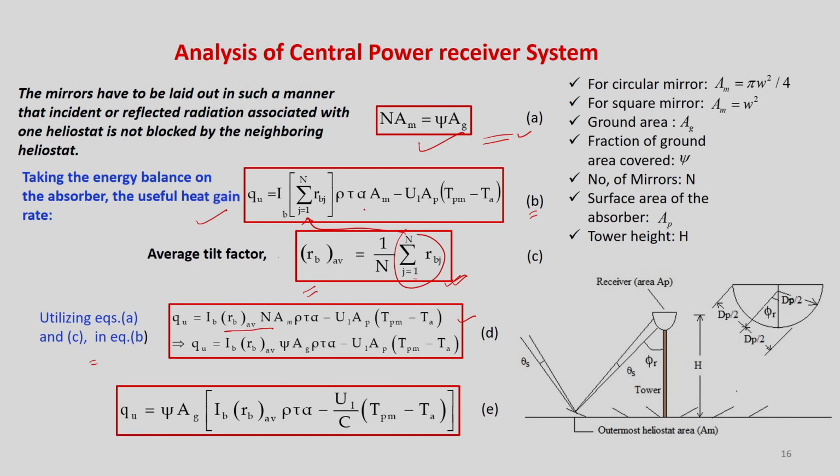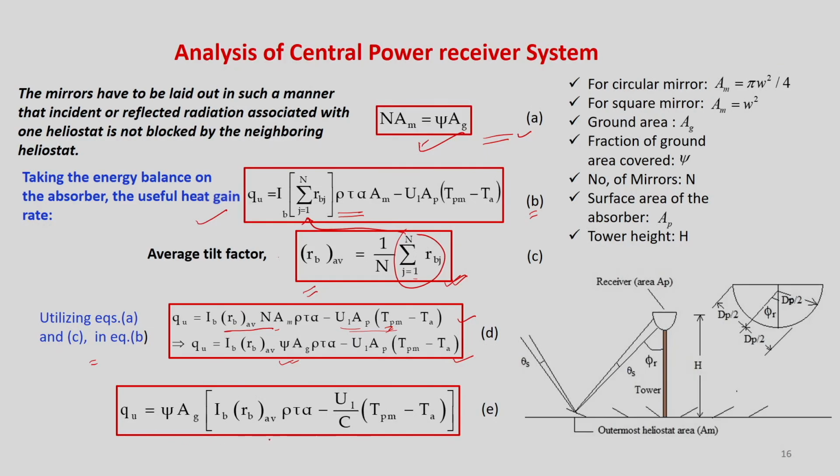And the transmissivity, reflectivity, absorptivity, all the information need to be accounted for, okay. And then these are the loss factors, and T_pm is the mean temperature of the absorber, and we can use this expression. So, N into Am is xi into Ag. So, we can substitute here and modify this expression to something like this, okay.